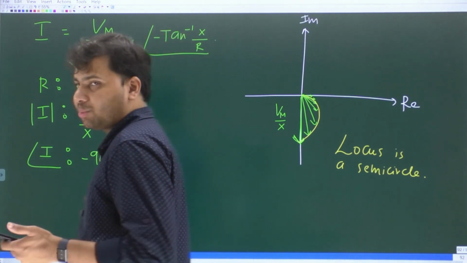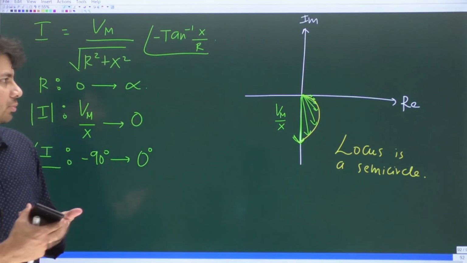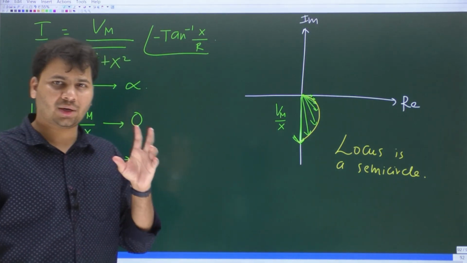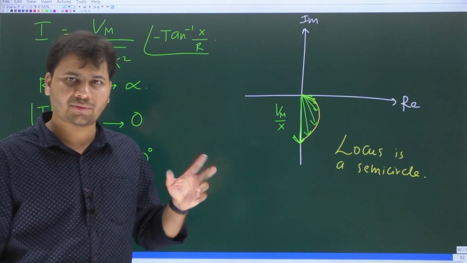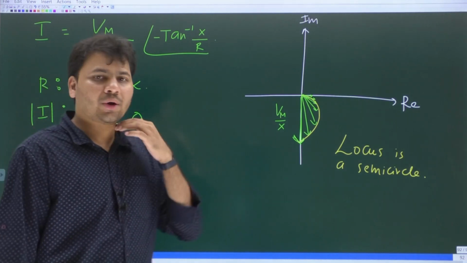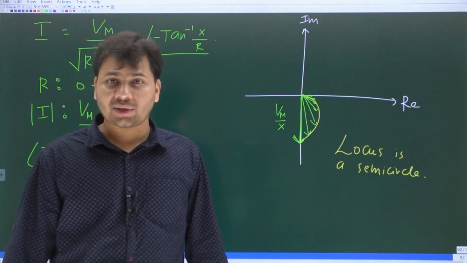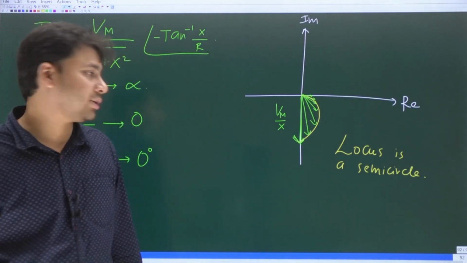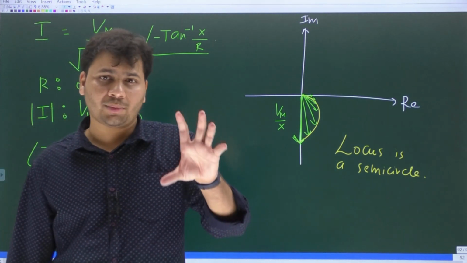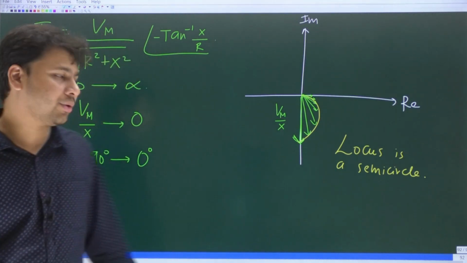In any locus problem, first you write down the phasor current or phasor voltage for whatever quantity you are trying to find the locus. Obtain the polar form representation of that phasor current or voltage. Now from the polar form you will get both magnitude as well as angle.